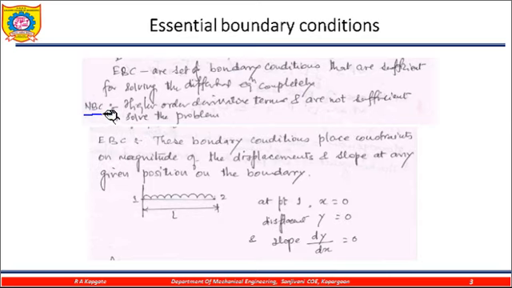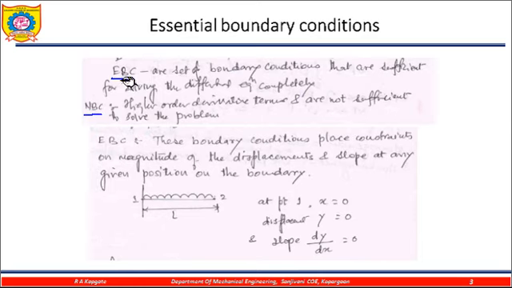What does it mean? Those boundary constraints that are not able to solve the differential equation of the finite element analysis are called natural boundary conditions, while those which help to solve the differential equation are called essential boundary conditions.